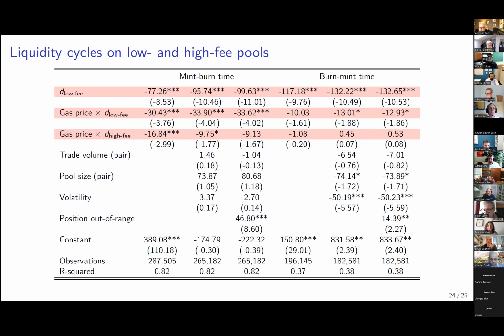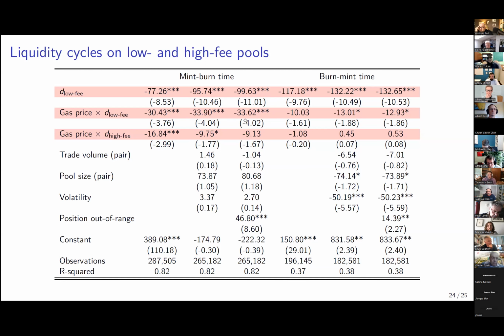So there is lower liquidity, and under the assumption that trades are relatively insensitive to the gas costs, liquidity demand faces a smaller liquidity supply, so the liquidity depletes faster. So the time to rebalance will actually go down. You don't see so much of an effect on the high fee pools, right? Because on the high fee pools, the liquidity is sort of constant. You don't see this migration.